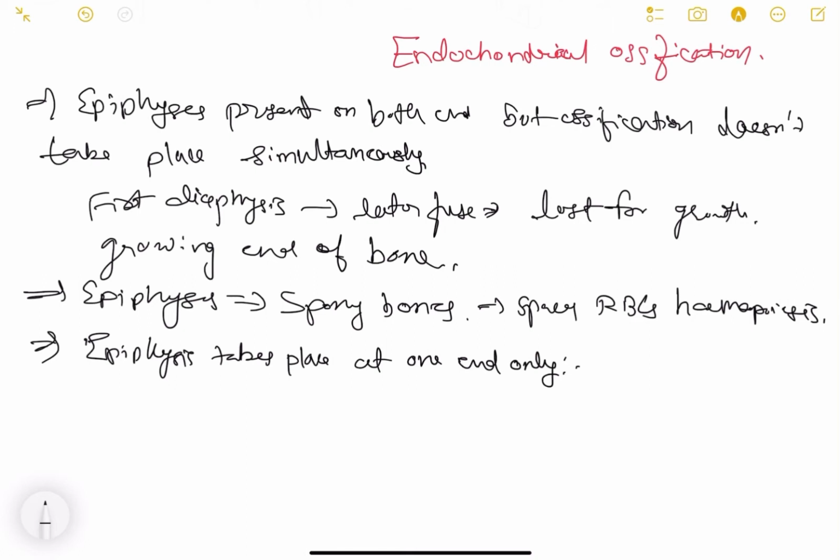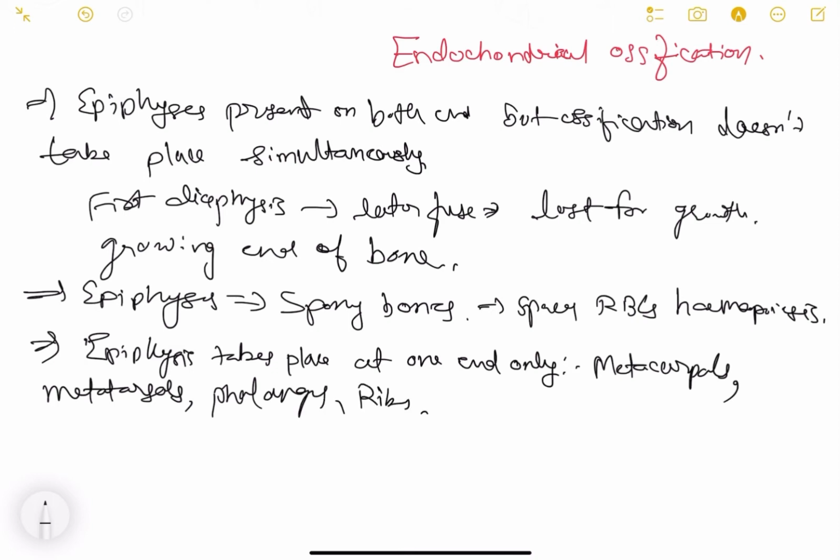So such are metacarpals, metatarsals, phalanges, ribs. So here only one end is present for the epiphysis. Is it clear to everyone?